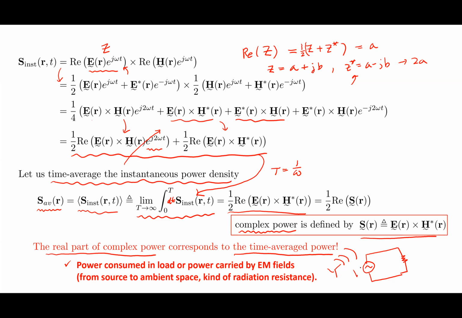So the antenna is kind of source, and then the space is kind of radiation resistance, so that the power is carried to the space or consumed in load, radiation loss. And so this is the complex power, and we know that the real part corresponds to the time average of power.